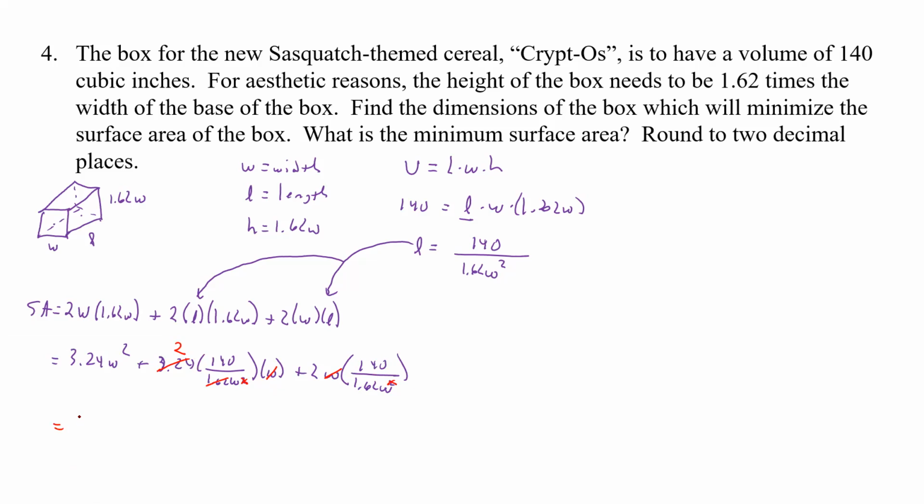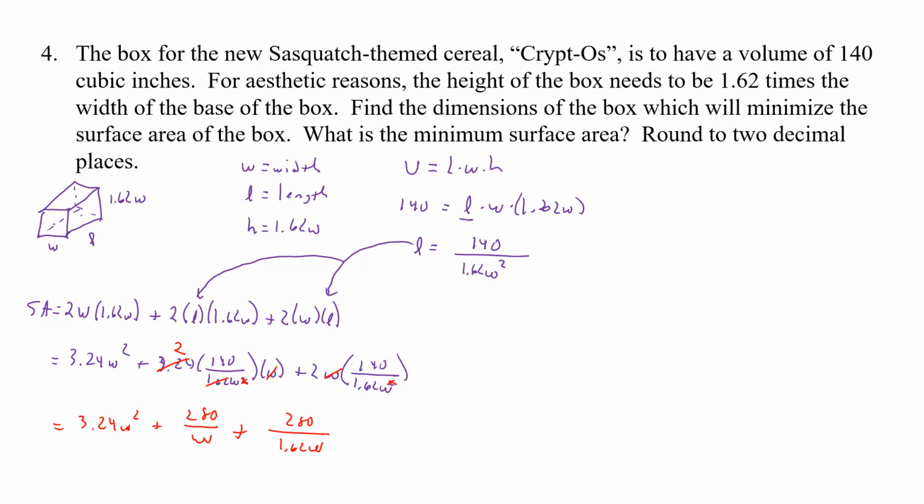So now that gives us 3.24 W squared plus 2 times 140, which is 280, all over W. And then plus, I'm just going to say that's 280 over 1.62 W. Okay, so I think that should give me what I need. And so what I'm going to do now is try to remember, let me write it down, what all that is after I simplified.